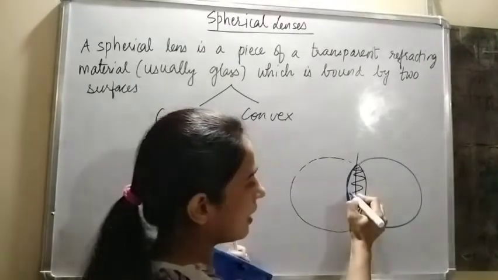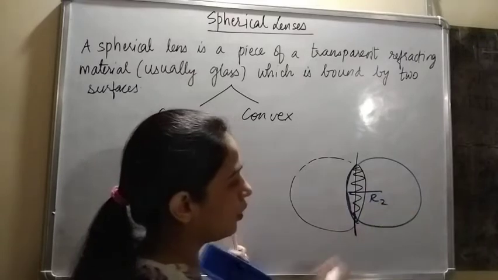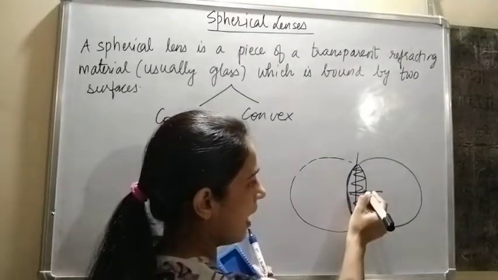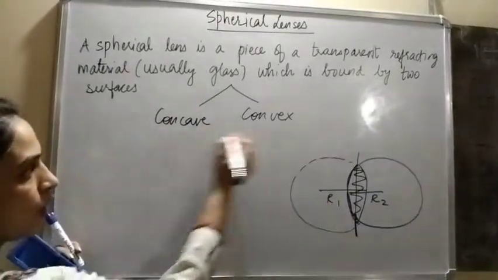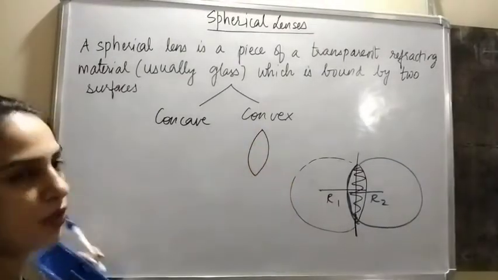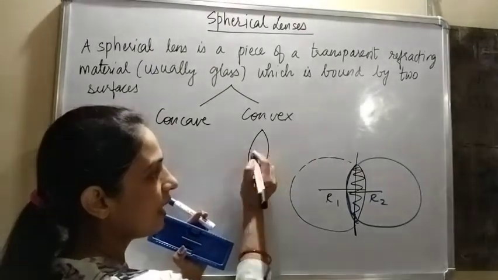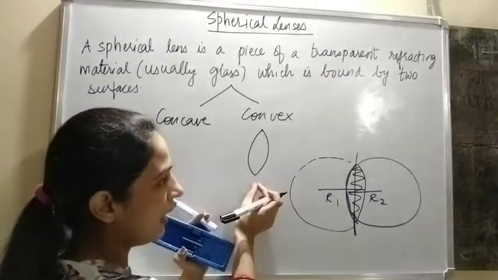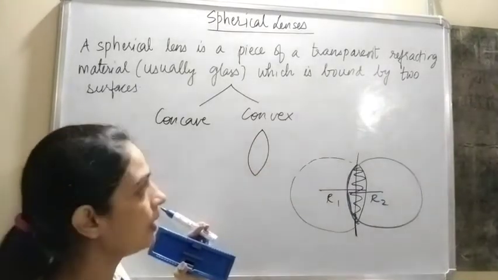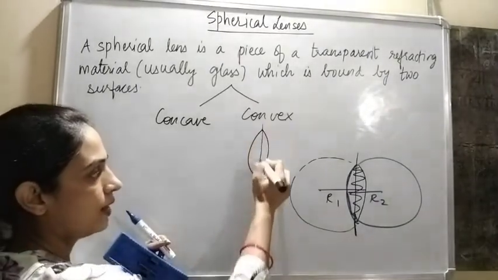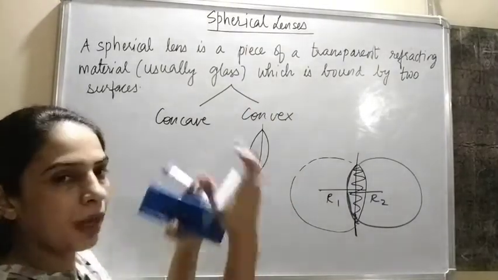You can see that this curved surface has radius, let us say r2, and this curved surface has a radius r1. A convex lens has two spherical surfaces which are bulging from both the sides. It is thick in the center and tapered towards the ends. We'll study the terms later. For now, just understand that it is made out of two parts, both curved, both bulging out.